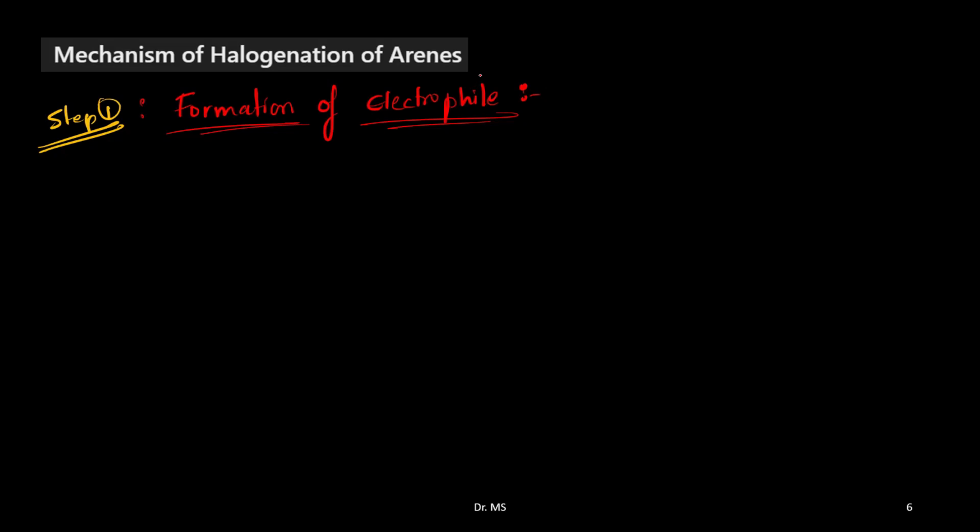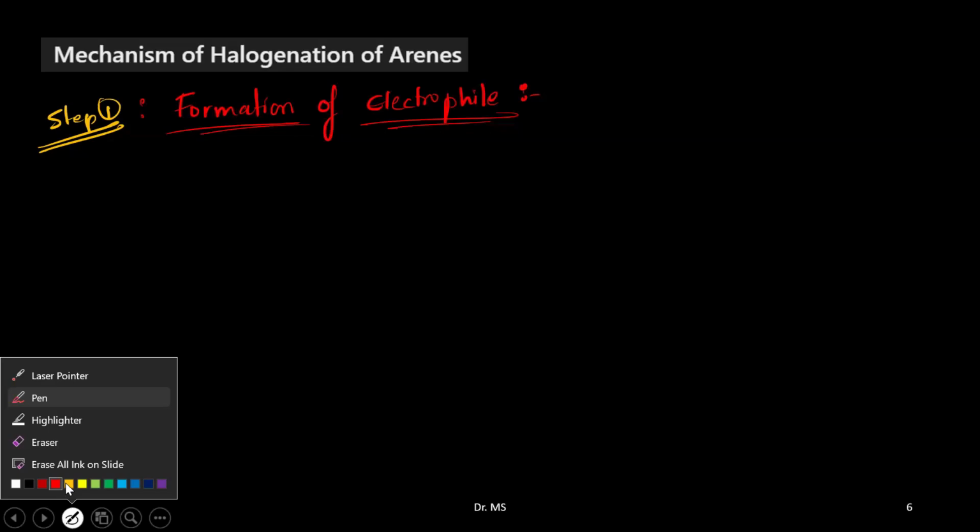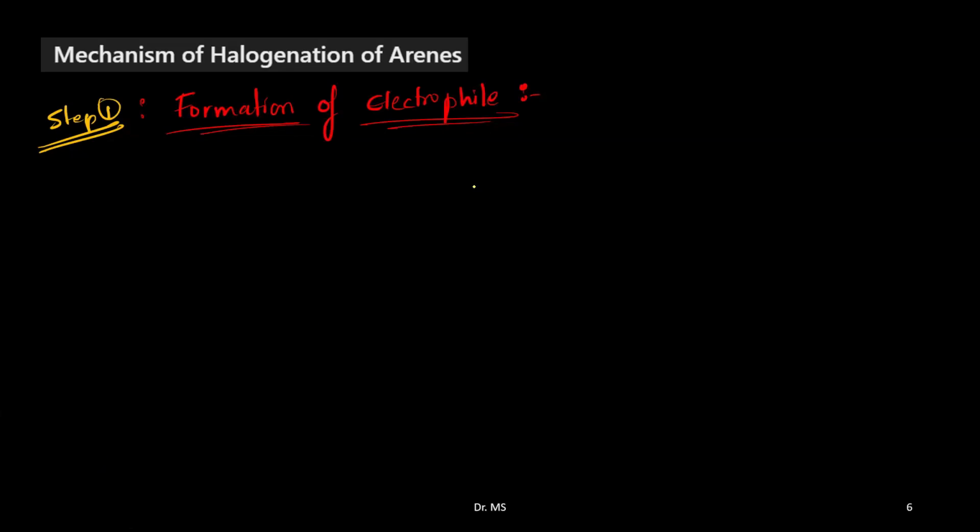Electrophile is a positive charge. Is it a cation or anion? Cation. That means it should contain the positive charge. So what are the electrophiles here? It is the chlorine or the bromine. So you are forming the Cl plus or the Br plus.